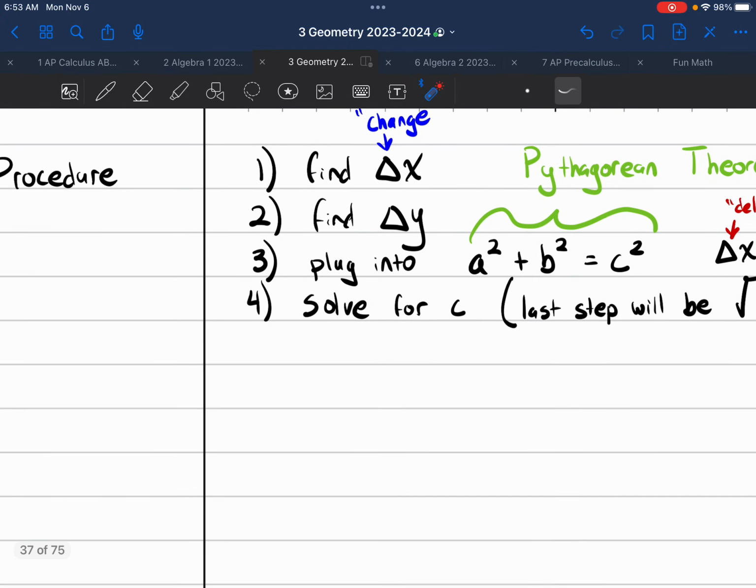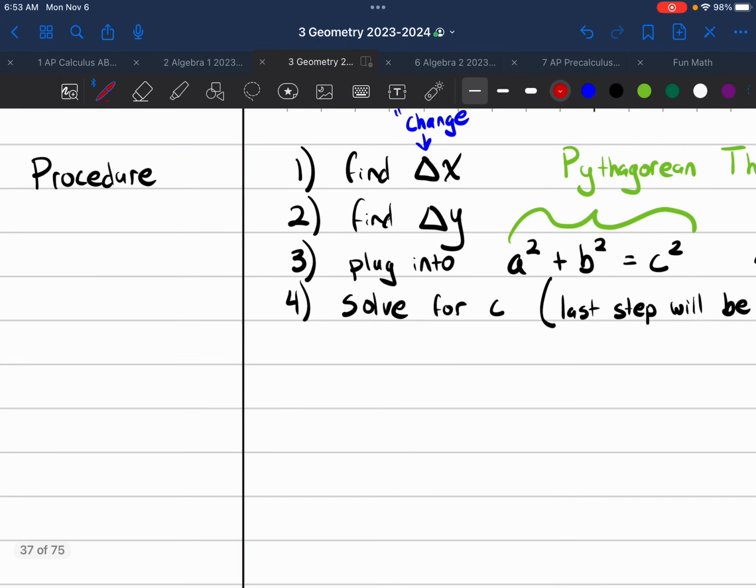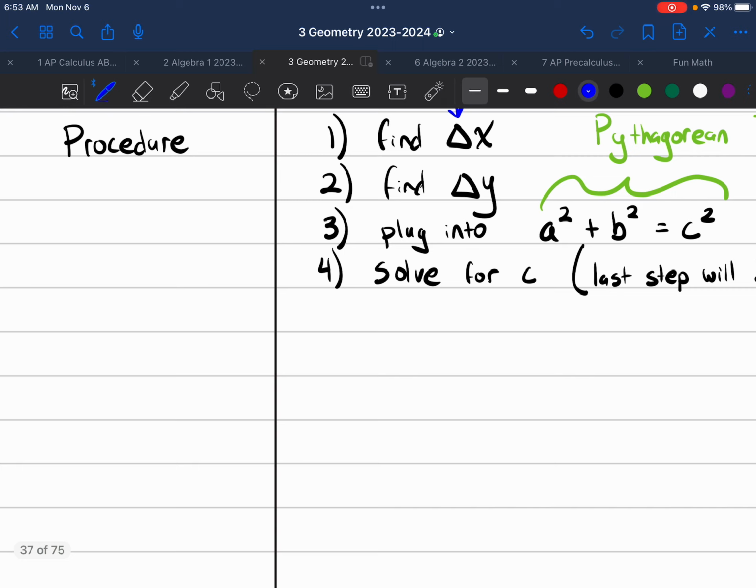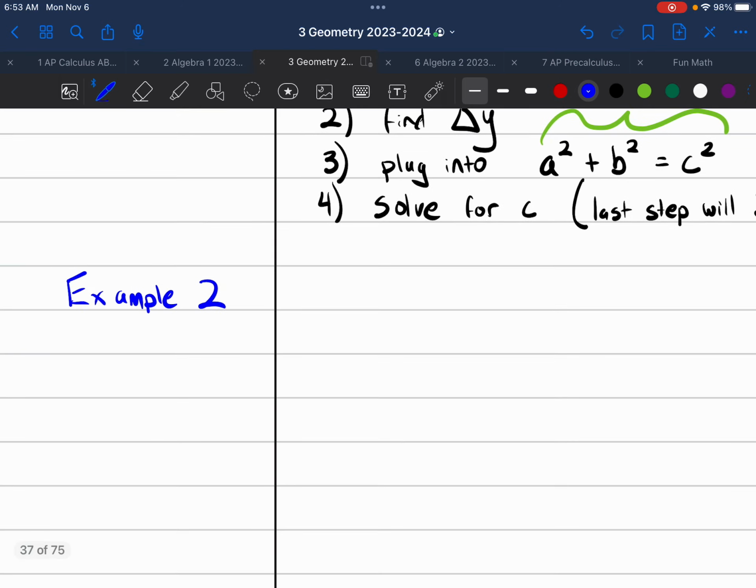Let's do one final example without a graph, and let's see if this thing can still work. So let's do example 2 and show you how fast I can go. I'm going to make up a problem on the spot.